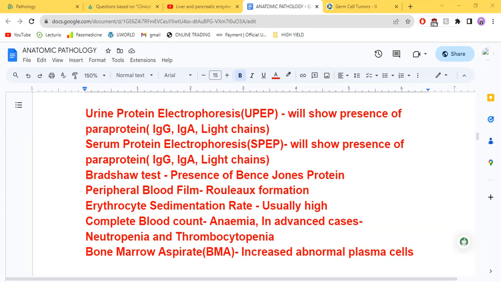Vertebral pain, I agree. Recurrent infections, I'm also in agreement with that. Any more responses? Weight loss, fractures, yes, fractures.